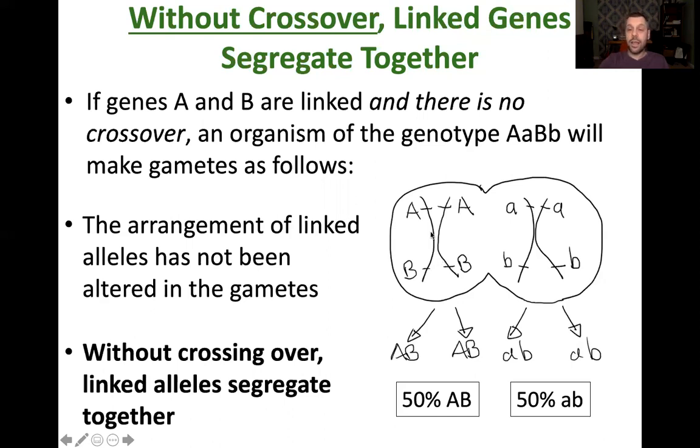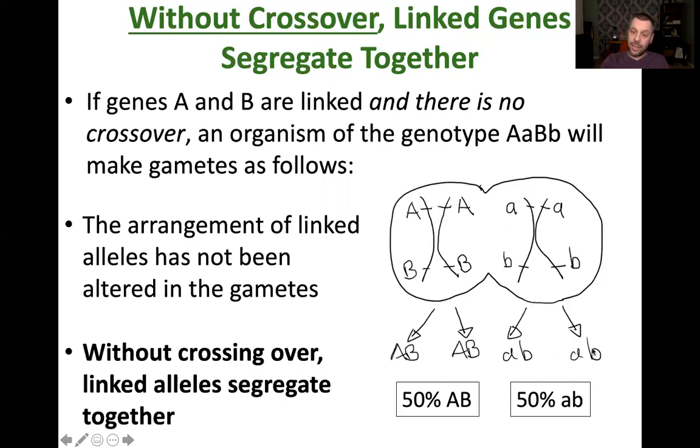So these guys could line up this way in meiosis 1, and then when they go through the end of meiosis 2, you're going to end up with these 2 sister chromatids being separated to give you these gametes, big A, big B. These 2 are going to be separated to give you little a and little b.